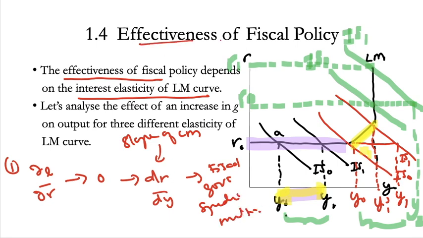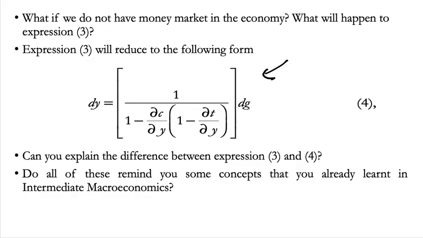Because the effectiveness of fiscal policy depends on the slope of LM in this case. Okay, so look at the slope of fiscal policy, which is this.